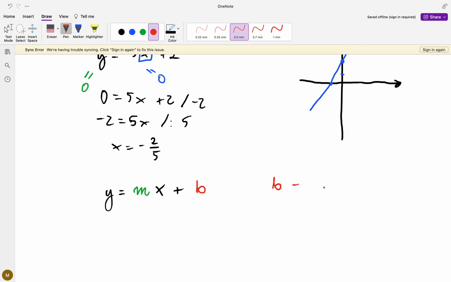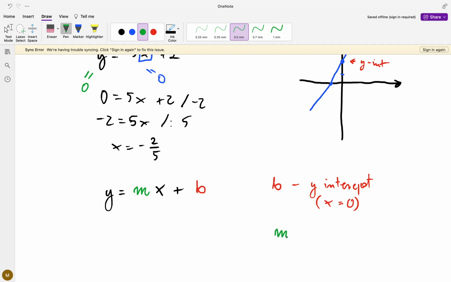So b is the y-intercept, when x is equal to 0. So your y-intercept is simply a point where x is equal to 0. So x is equal to 0 right here. This is our y-intercept.